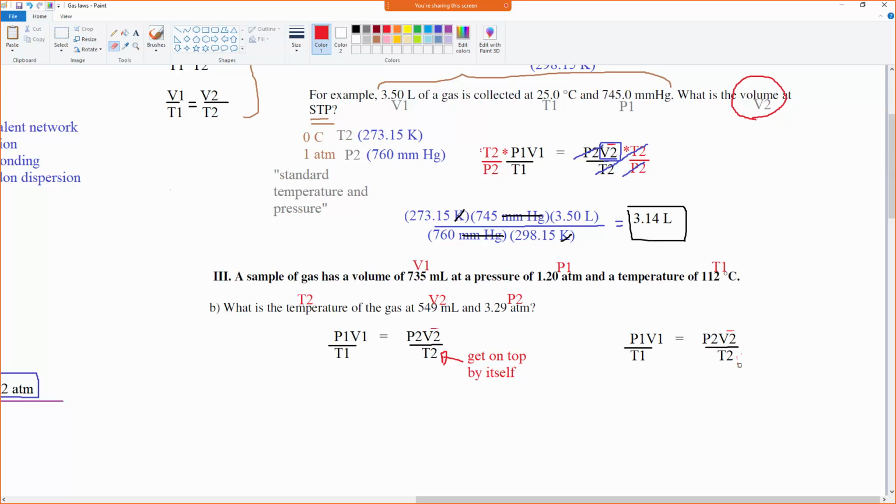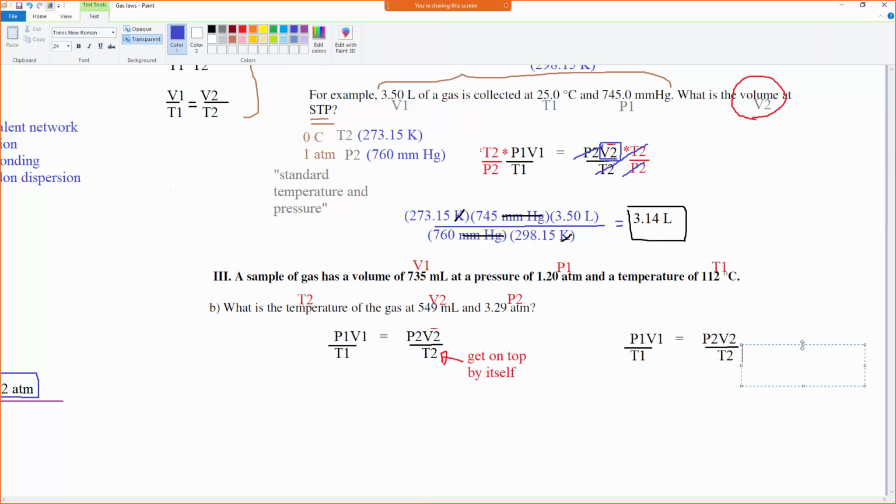Okay, so Sarah's gonna say, let's get it by itself first. So she says, let's divide both sides by P2V2. This is the way that I like to do it. Divide both sides by P2V2.